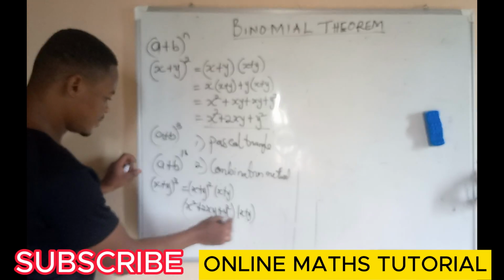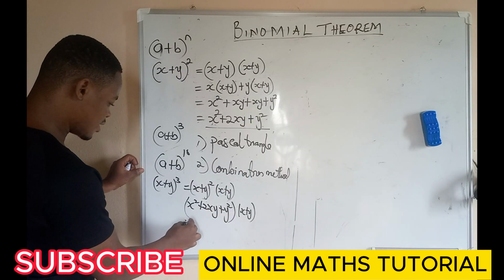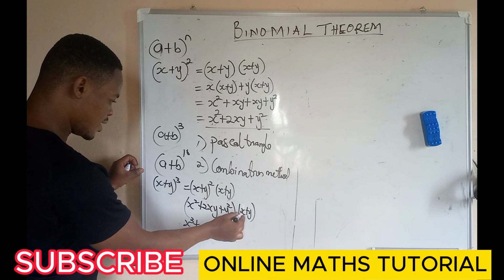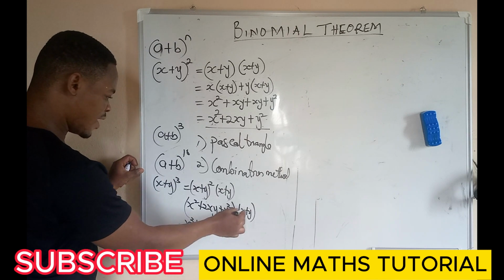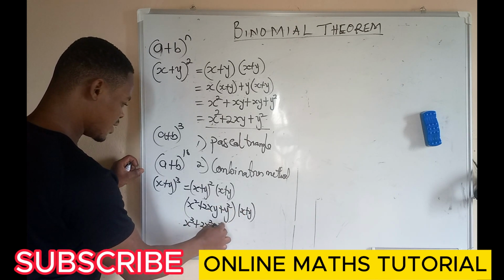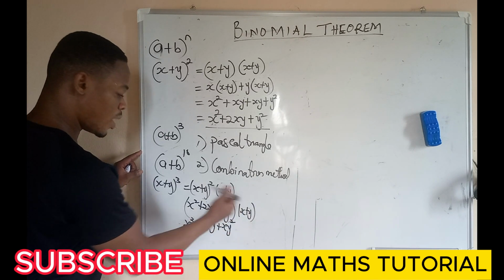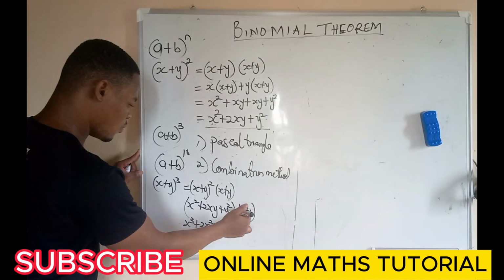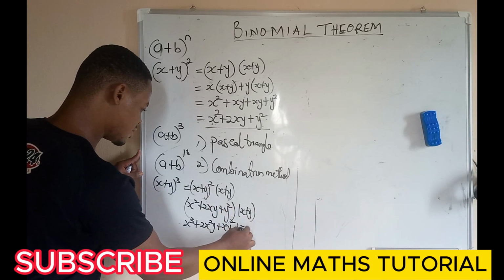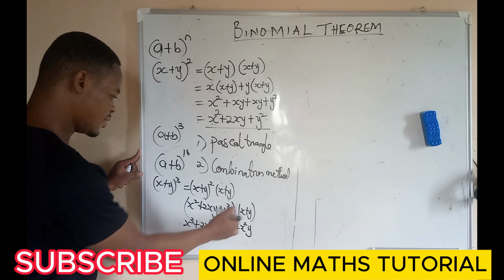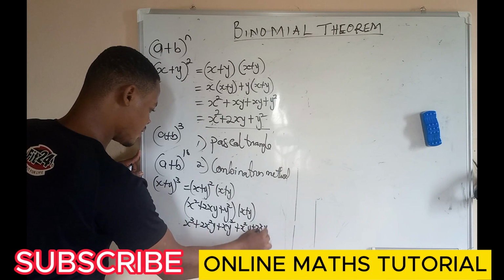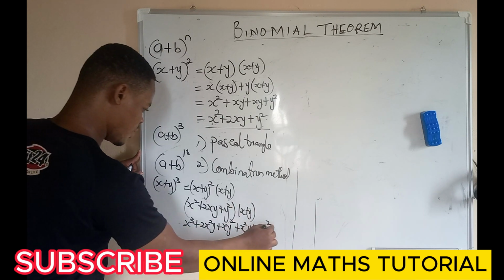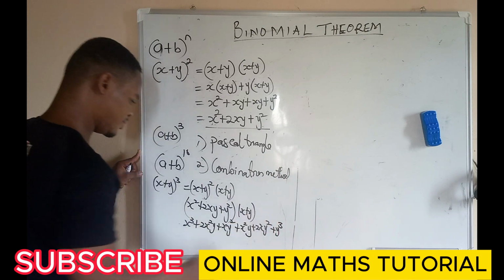If x multiplies this, we have x raised to power 3, plus 2x squared y, plus xy squared. If y multiplies here, we have x squared y, plus 2xy squared, and plus y raised to power 3.